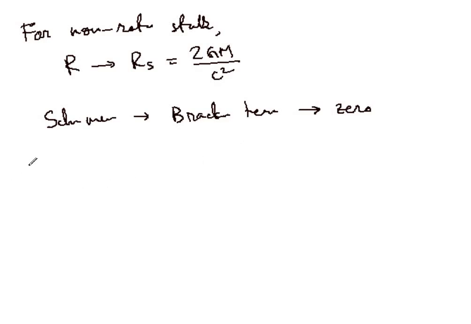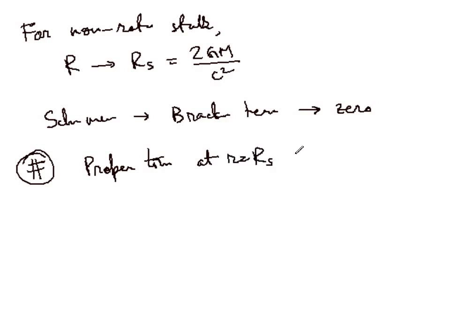Now the proper time measured by a clock at r equal to Rs is how much? d tau equal to 0, right?